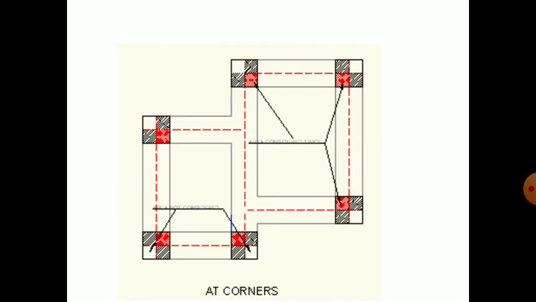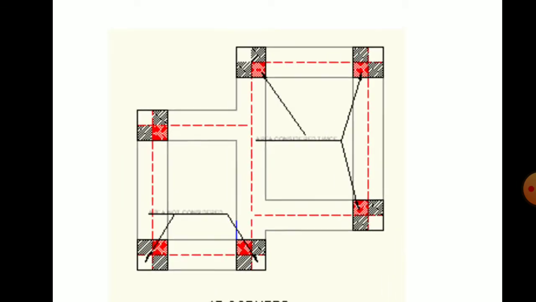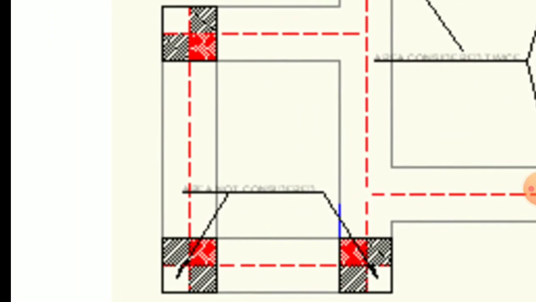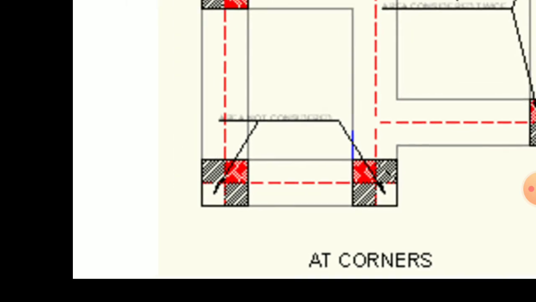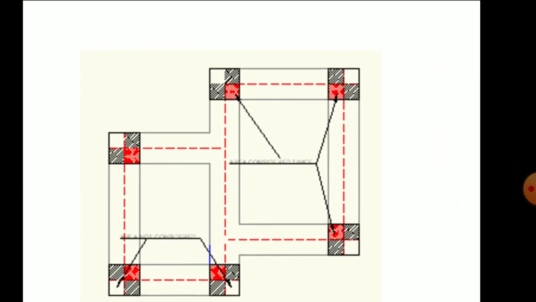Then, while considering the quantity at the corners, you can see at one corner there will be 4 parts. Out of that, the red shaded part is considered twice, while considering the x direction wall and the y direction wall, and at the same time the corner portion which is marked here is left out. So whatever error there is gets nullified at the corners.